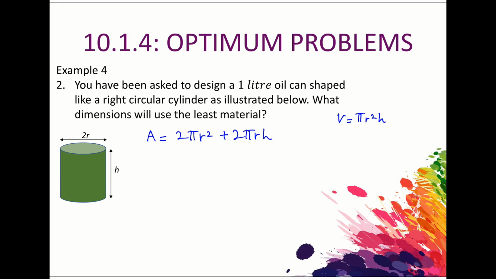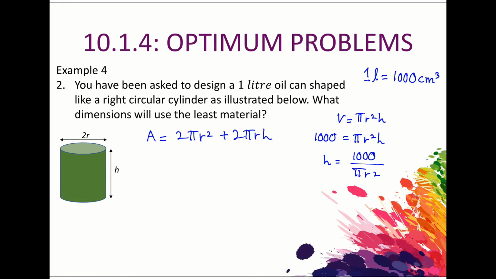In this case, it is given that the volume is equal to 1 liter, which is equivalent to 1000 centimeter cube. So we take that as 1000 equals pi r squared h. So h is equal to 1000 over pi r squared.